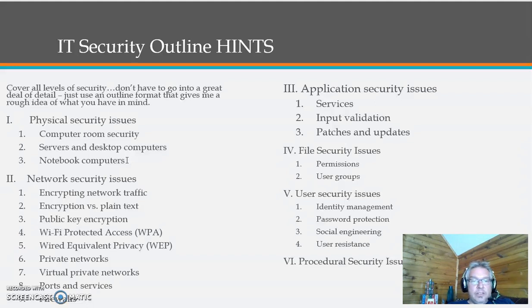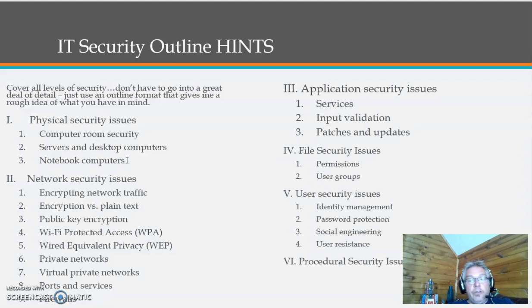So what are the main principles underlying it? How is it related to this project? And that each of these 6 areas are concerned. So physical security, network security, application security, file security, user security, and procedural security issues.